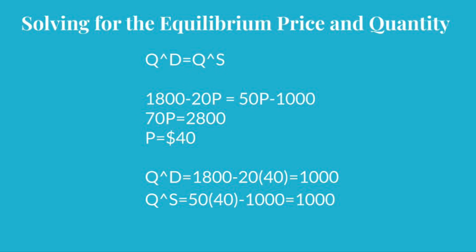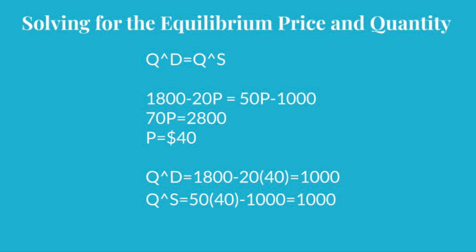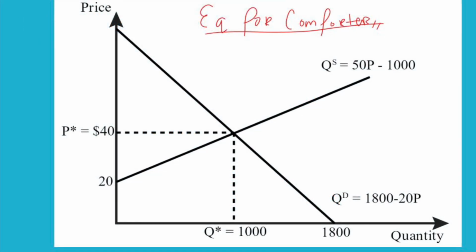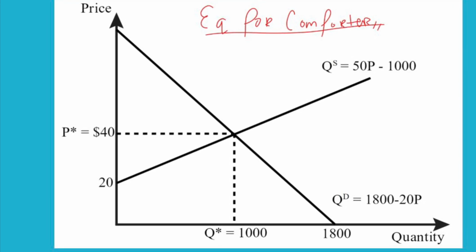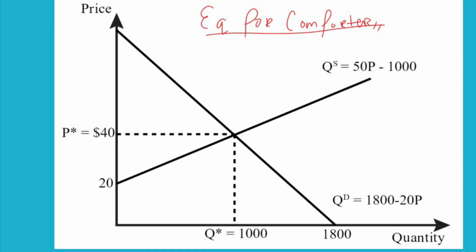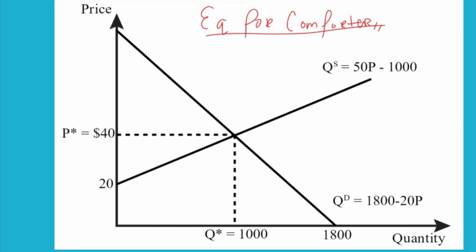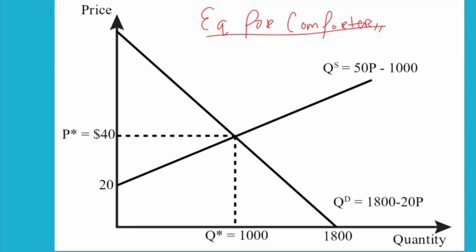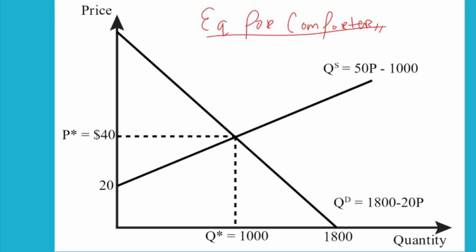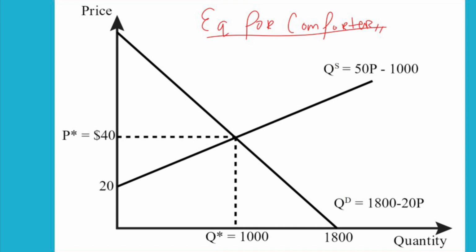Q^S = 50(40) - 1000, which is equal to 1000. Notice how we got 1000 for both equations. This is because this was the condition we set at the outset, that quantity supplied equals quantity demanded. So we know that a price of $40 per unit is the equilibrium price.